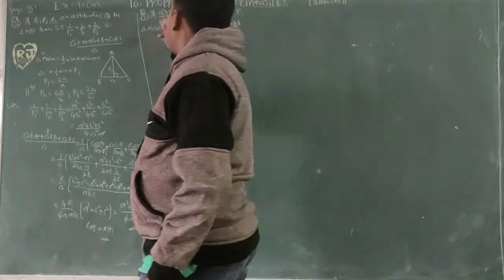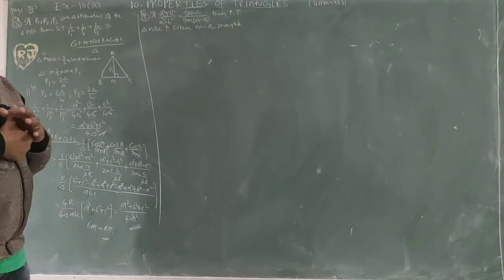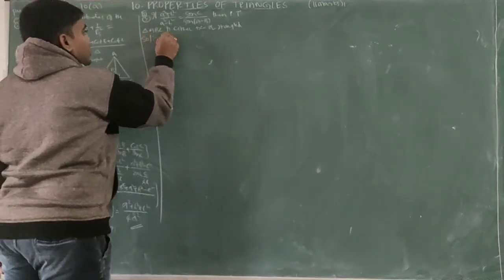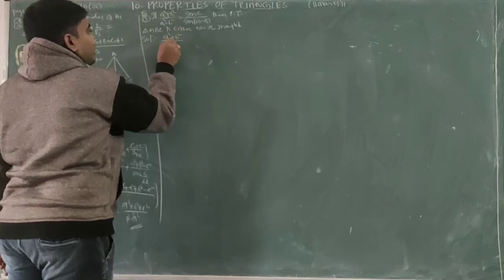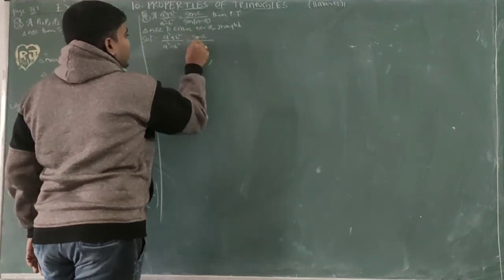Solution: a square plus b square by a square minus b square equals sin C by sin of (A minus B).